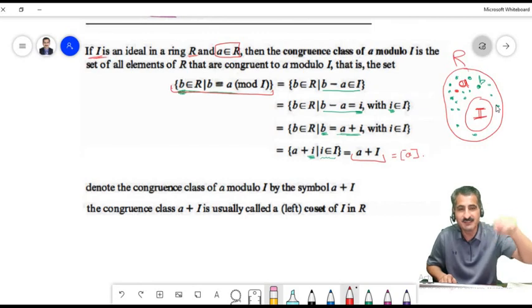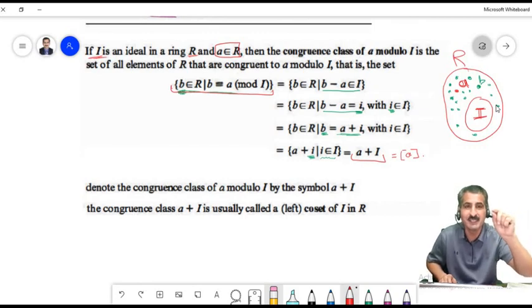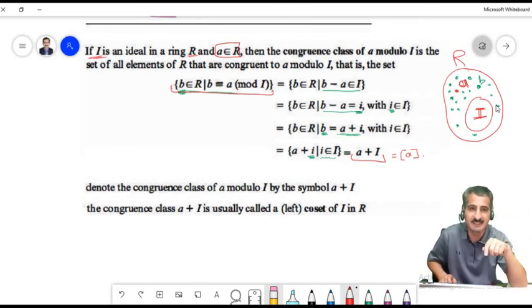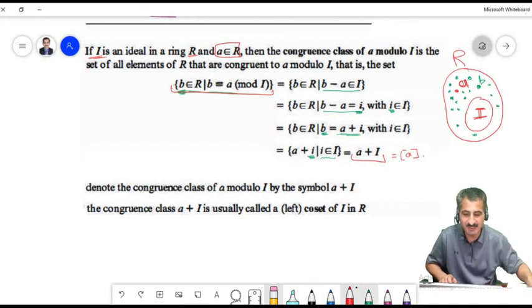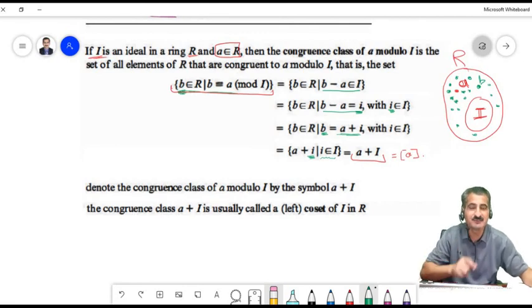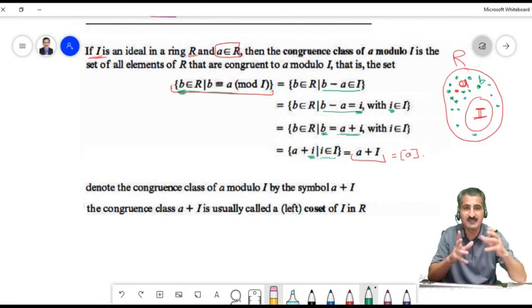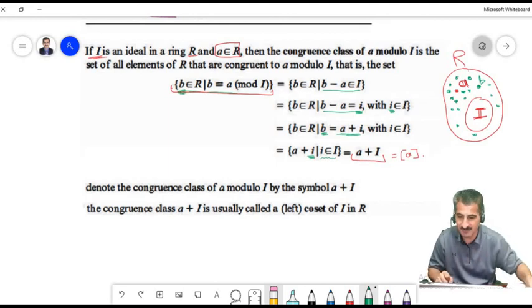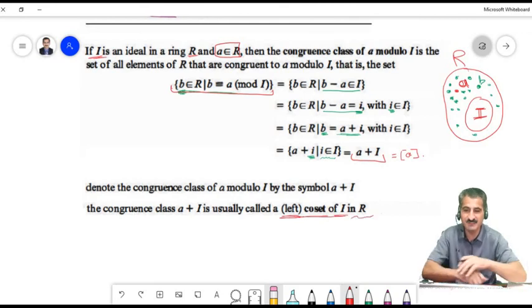The set can be described by A plus I, the ideal I itself. Each one of these green elements is A plus some small i. So the equivalence class of A is A plus I. This is the left coset of I in R, and we have seen it before.